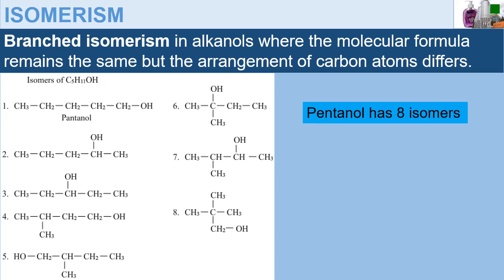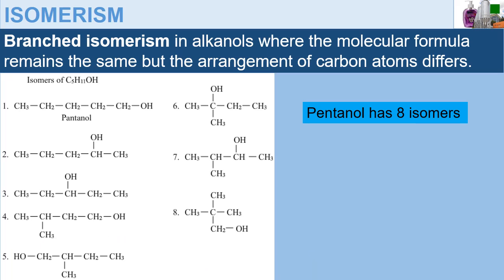So in this case, this would be 3-methylbutan-1-ol. We could also have the 5th one, which is another branched isomer, which is 2-methylbutan-1-ol.